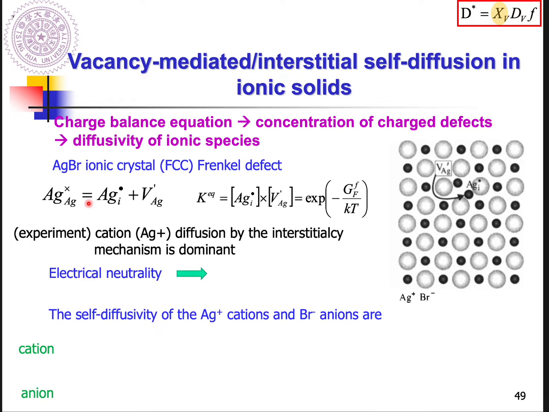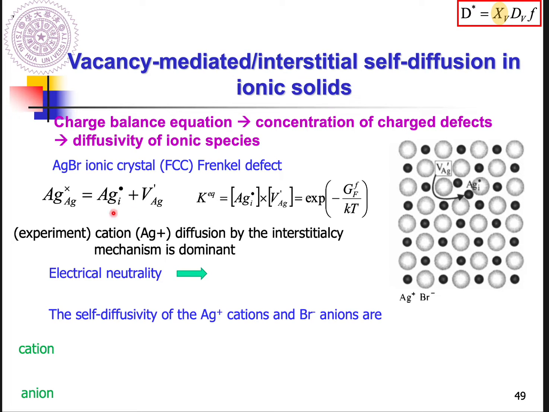And after formation of the Frenkel defect, the silver ion is at an interstitial site with one positive charge and leaves a vacancy at the silver site with one negative charge.